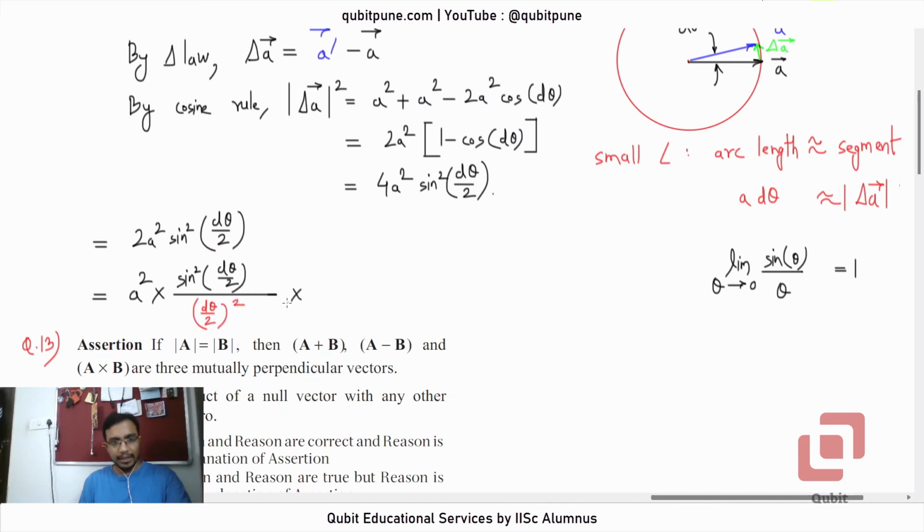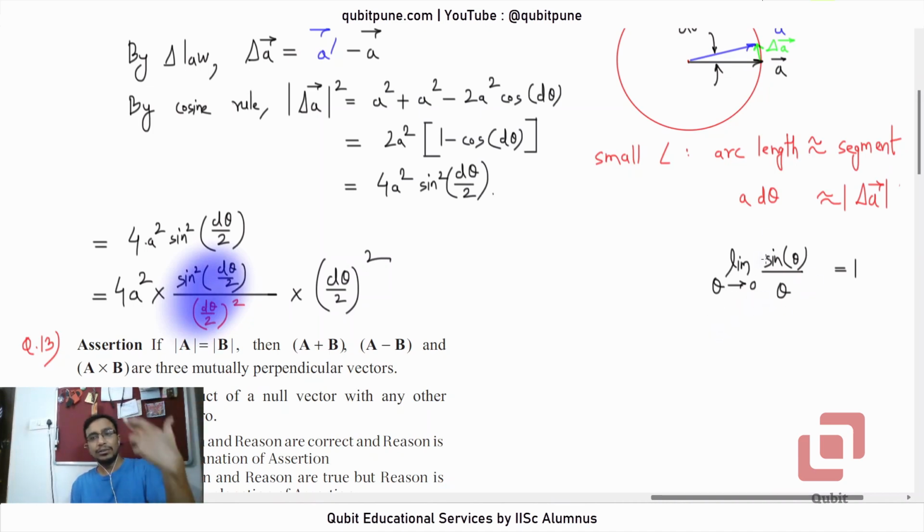That is a deliberate inclusion. Oh sorry, I should not have written this as 2. This should have stayed 4. So it should be d theta by 2 squared again here, and because theta is small, this thing will go to 1. Because theta tends to 0, sine theta by theta's limit is 1. So sine squared theta upon theta squared's limit will also be equal to 1.